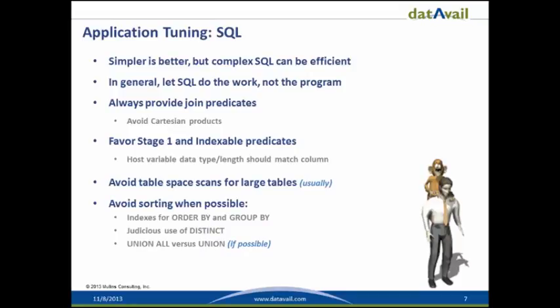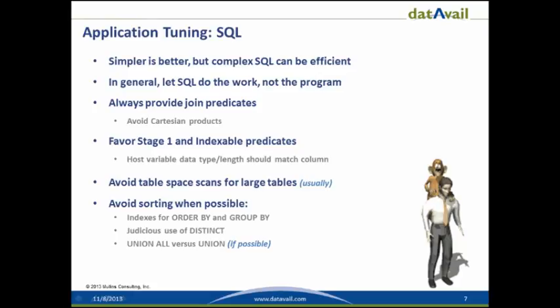Avoid table space scans for large tables, usually. Table space scans are when you have to read every page in the table, or a range of pages in the table, to get the answer. They're generally going to be less efficient than indexing. But again, this is not an always, because if you're going to, say, produce a report of all your customers, you're going to read every page in the customer table anyway, so a scan might be the way to go.